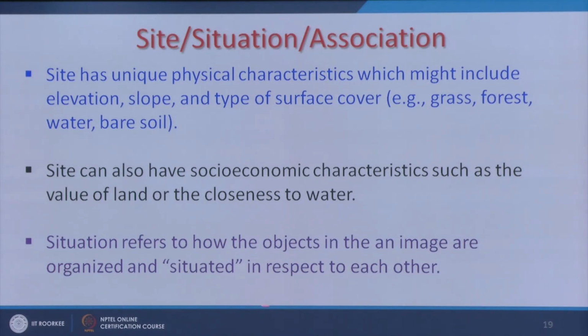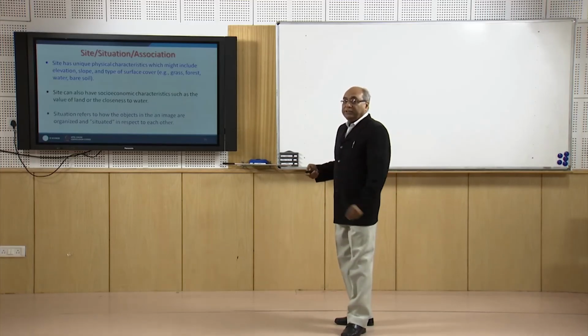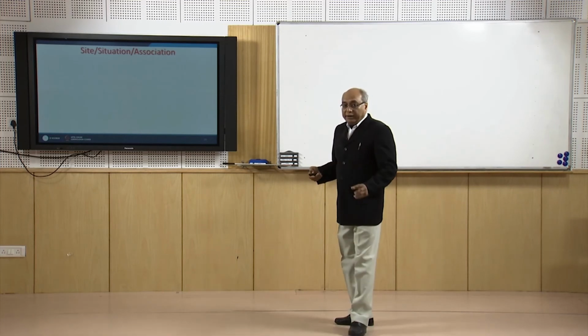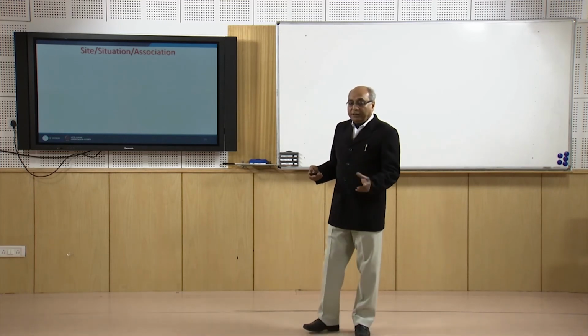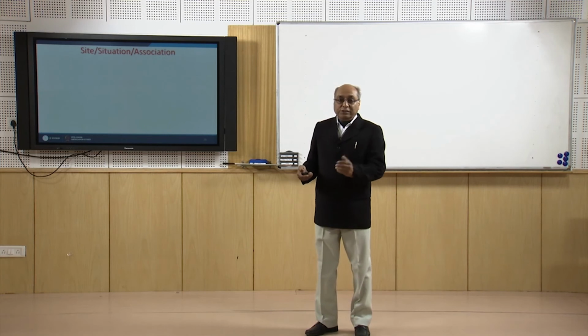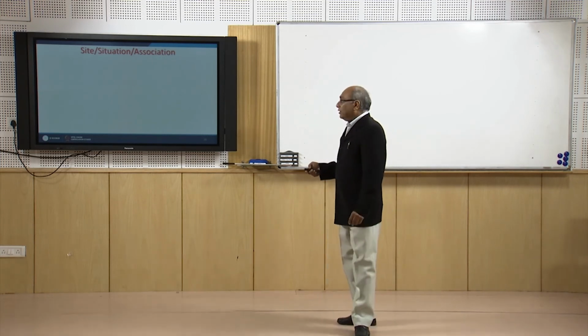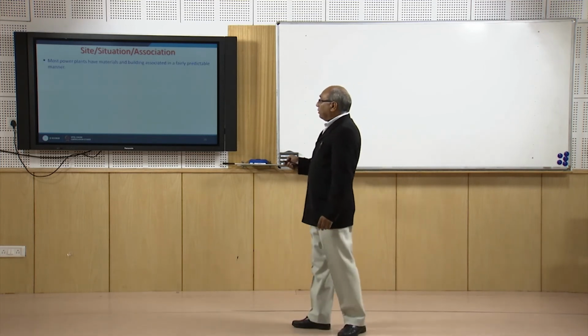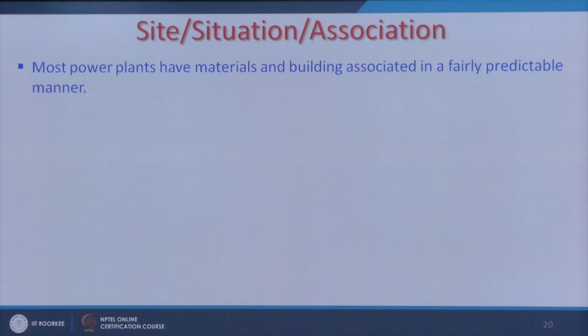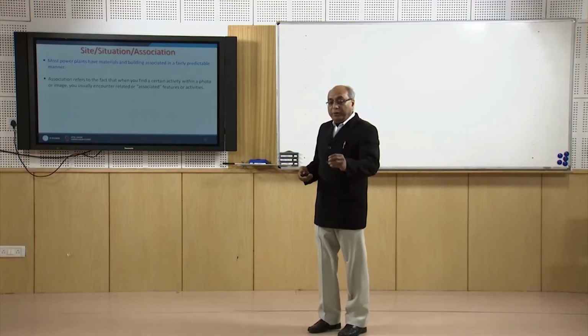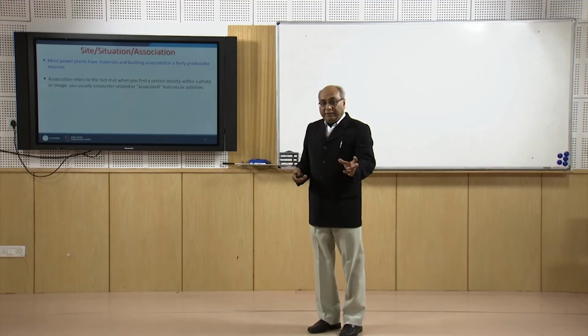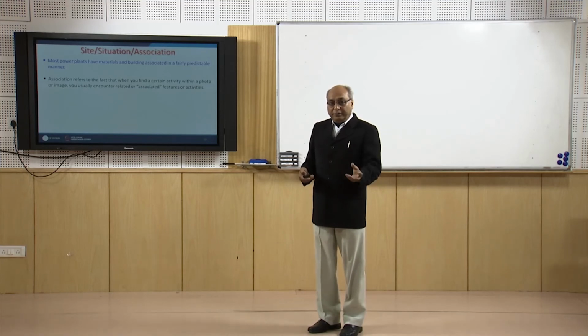Situation refers to how the objects in an image are organized and situated with respect to each other. So their association is very important. I gave the example of beaches, which are generally along the sea or along large lakes. Most man-made structures, like power plants, have materials and buildings associated in a fairly predictable manner, and this is how you interpret that this might be a power plant or a cement factory.